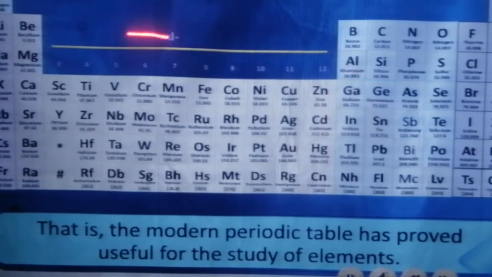Because in the periodic table, for example, potassium's atomic mass number is less than calcium's. This is the lesser atomic mass number and this is the greater atomic number. That is how the modern periodic table has proved useful for the study of elements, and we can stop here.